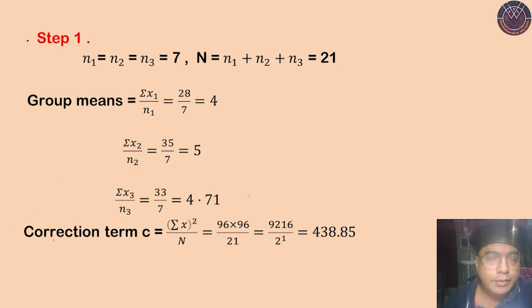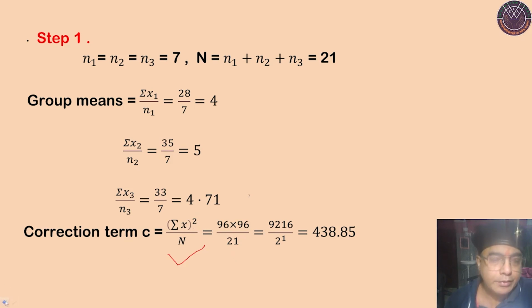Now in the first step you have to calculate the correction term. The correction term formula is the summation of x, whatever sum you have got, squared, divided by the total number n. Total number n is 7 into 3 groups, that is 21, and sum of x is 96.